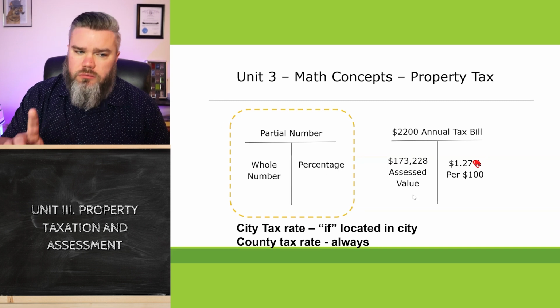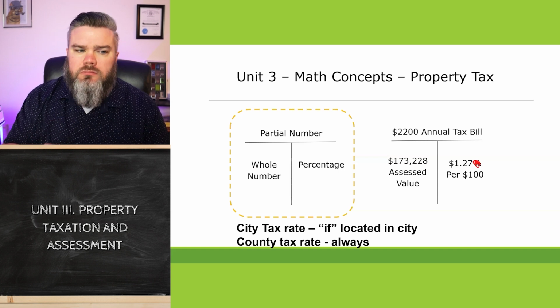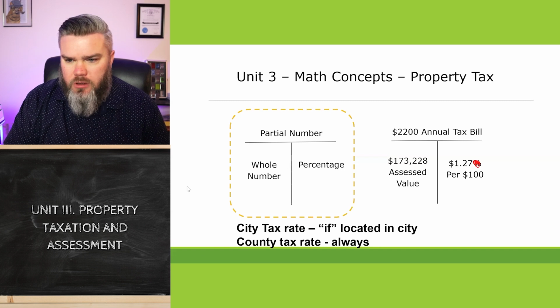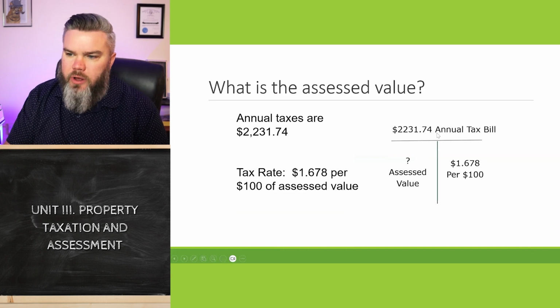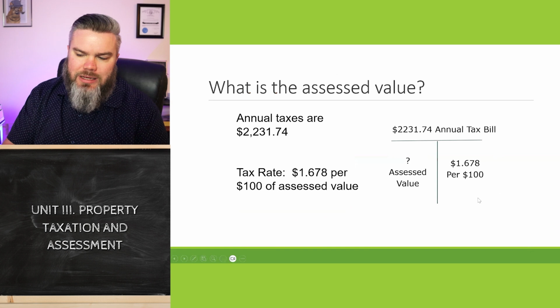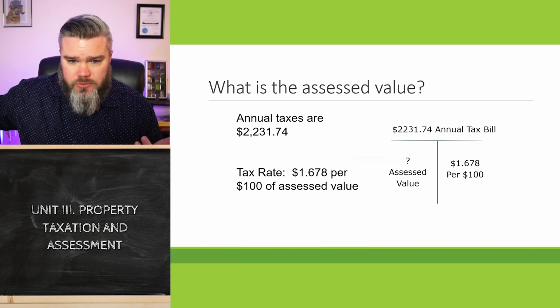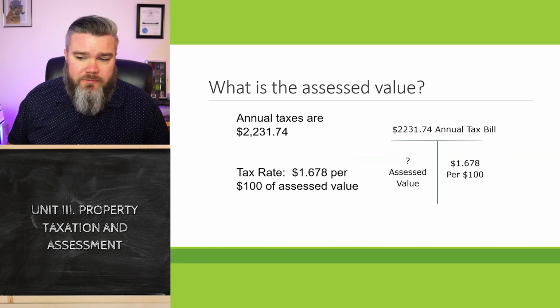So let me give you one to try here. See if you're following along with me. If I had an annual tax bill of $2231.74 and the tax rate was $1.678 per 100, what is your assessed value?